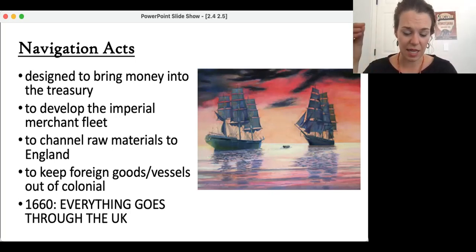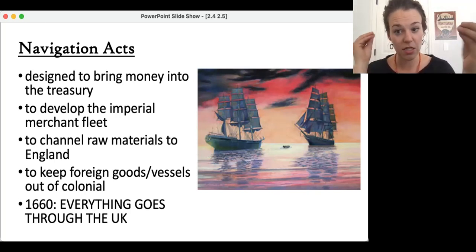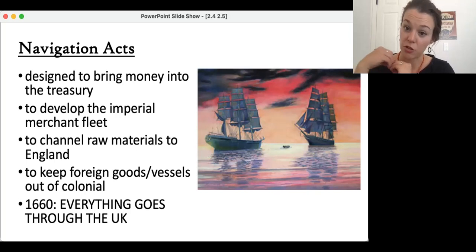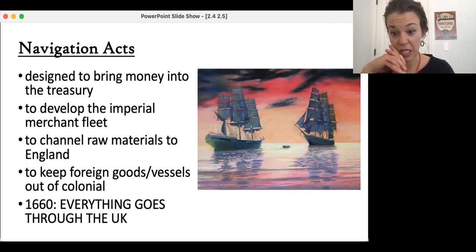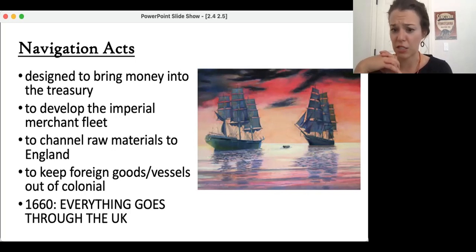England at this time is developing colonies all over the world, right? It's not just in the Americas, but they also have colonies in the Caribbean, and they're trying to develop colonies in Asia. They need to grow their military to defend their colonial gains, to fight back against their European neighbors like the Spanish and the French.